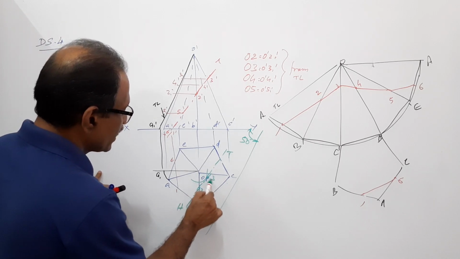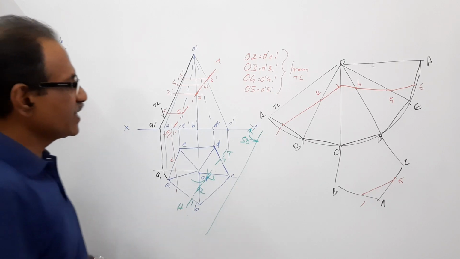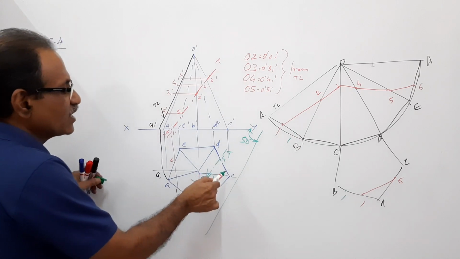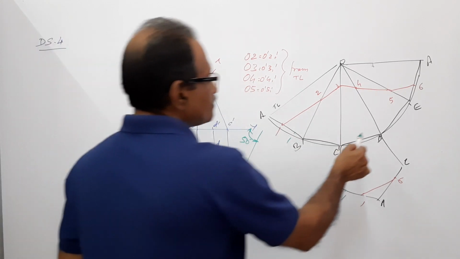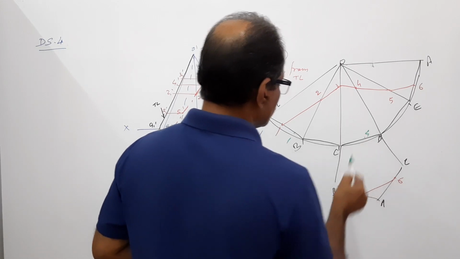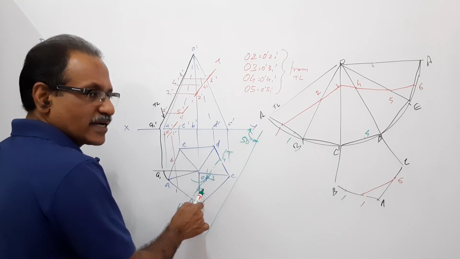Points 1, 2, 3, 4. Point 1 is on the way from A to B, nearer to B. Point 4 is on the way from C to D. For 2 and 3, you cannot take them directly; mark them and get them from the plan.